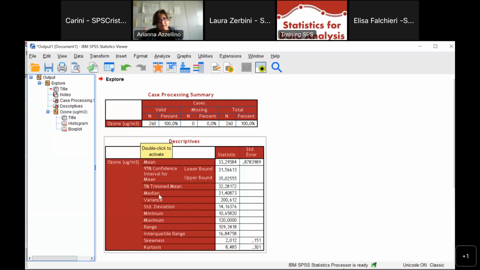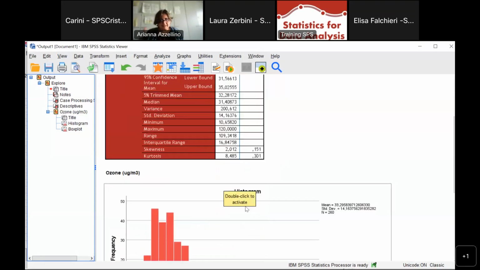I can see that the median falls very close to the lower bound of the confidence interval, but is outside of the confidence interval. This could also be the effect of some outlier.